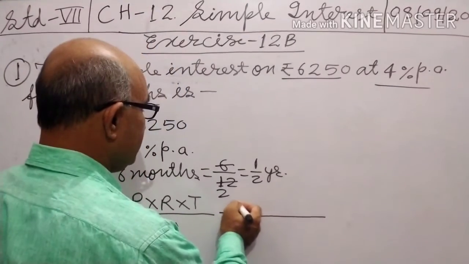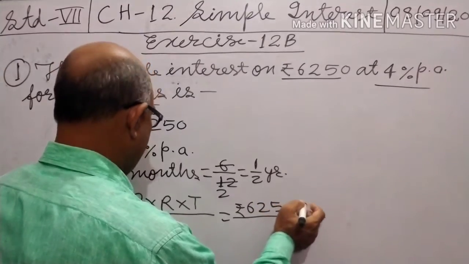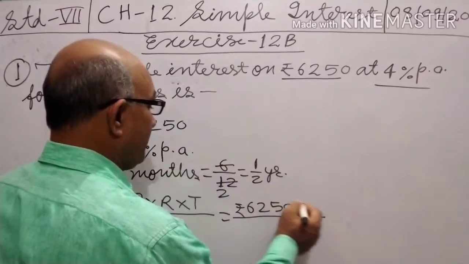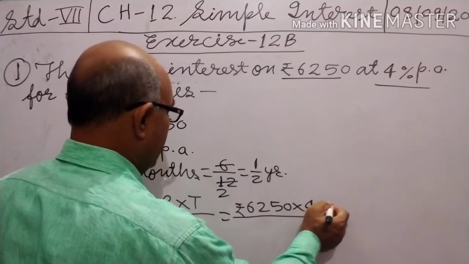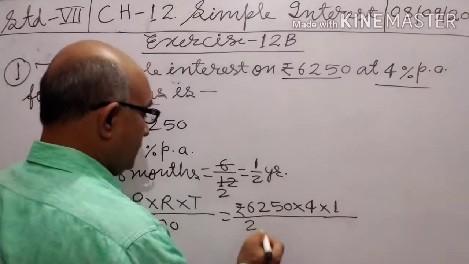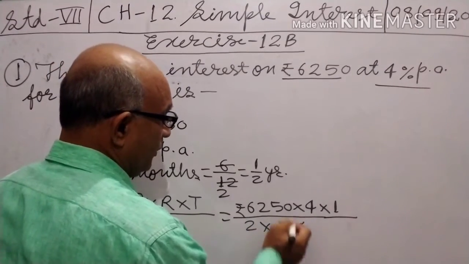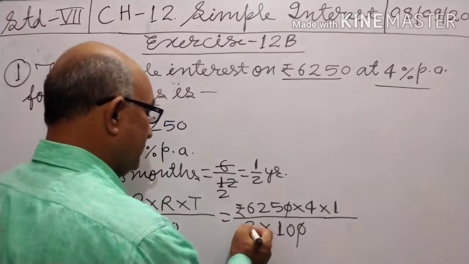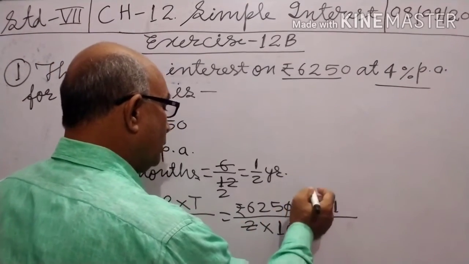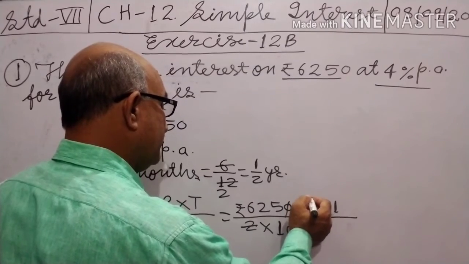P is rupees 6,250 into R 4%, 4 into T 1 by 2. Now divided by 100, so multiply 100. 10 and 10 cancel. 2 to the 4.